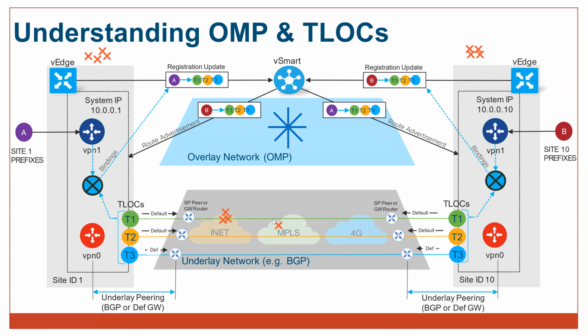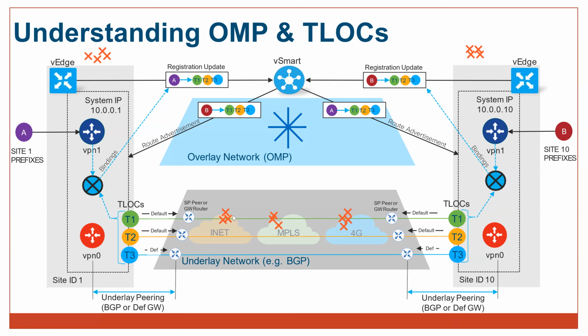So internet, MPLS, 4G, whatever transport we have. You know that SD-WAN is independent of transport. So transport is not that relevant because we are sending the encapsulated packet over one transport to the other, from one branch to the other branch, irrespective of transport, either internet or MPLS. Since we are doing the encapsulation of packets, that is not that relevant.